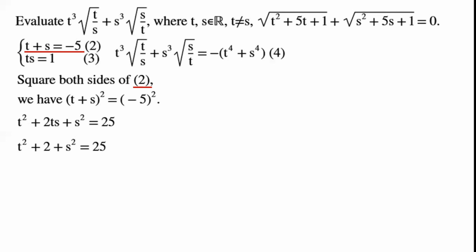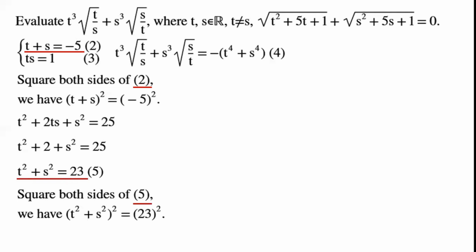By equation 3, we know that ts equals 1, so 2ts can be written as 2. By rearranging the equation, we have t squared plus s squared equals 23.